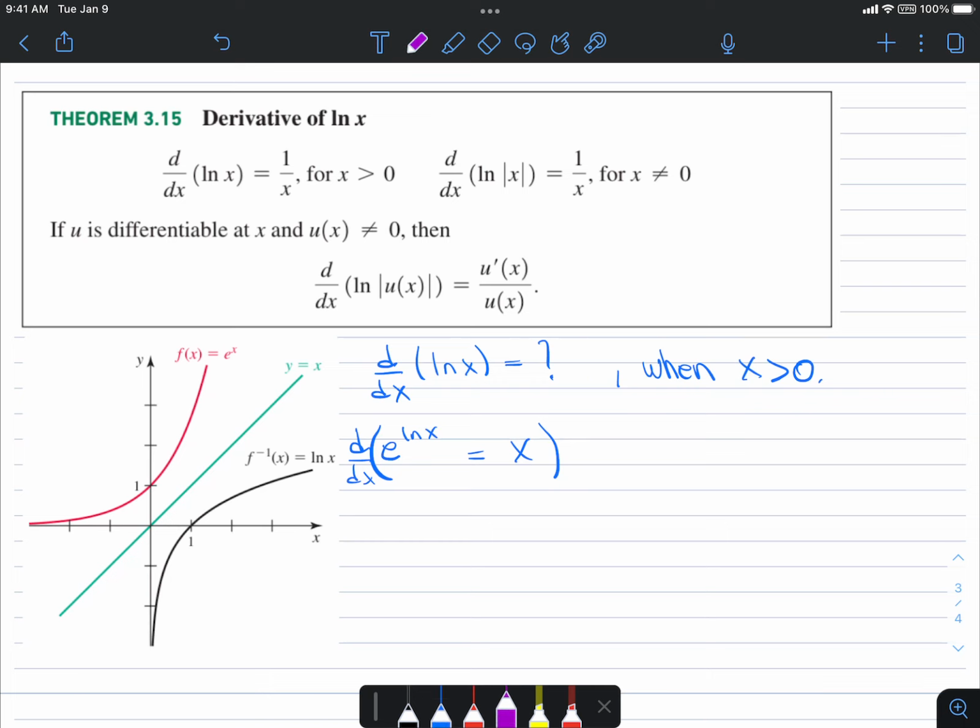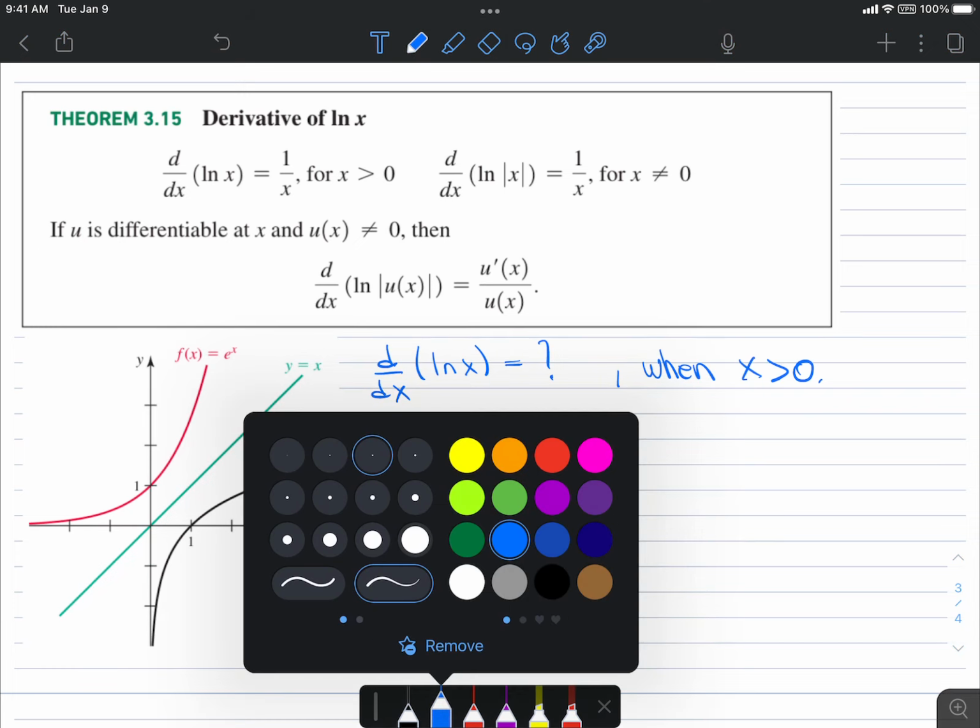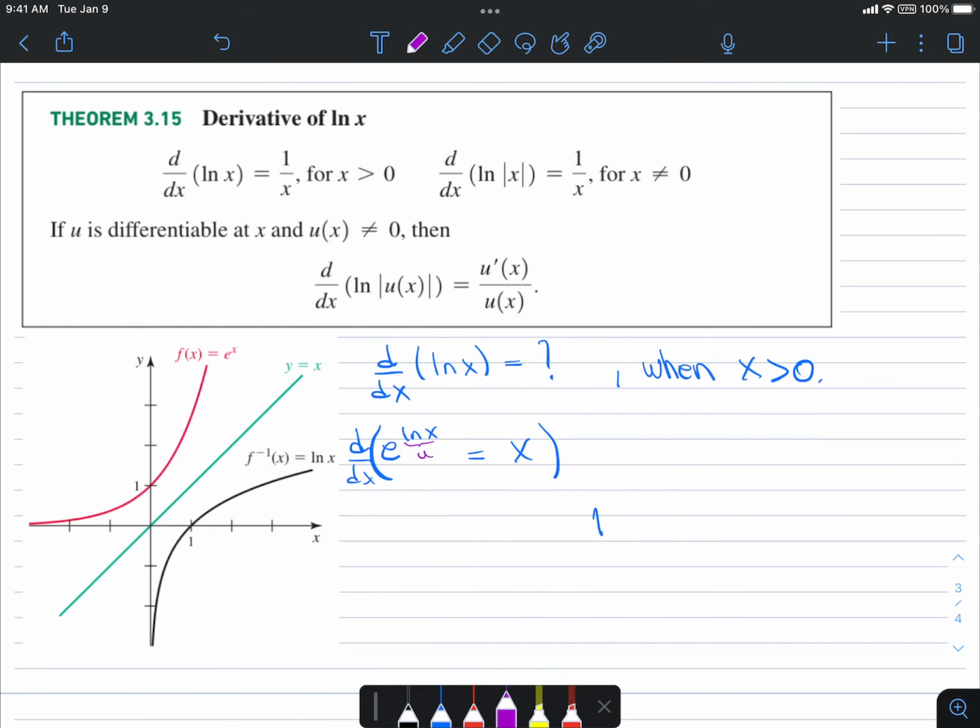So I derive both sides to reach my answer. I'll use the chain rule here on the left. The right hand side is just 1. The derivative of x is just 1, like we said. But then e to the u, which is what I'm deriving, I derive that with respect to x, dy du, du dx.